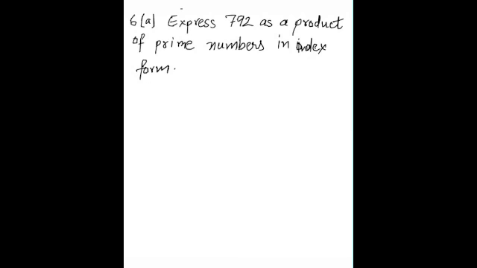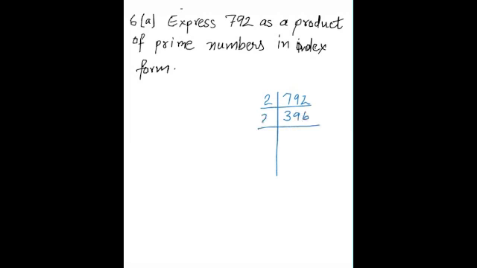And in this case we already know that in the case of doing factors, we start with the very lowest one, and if 792 is here, we start with 2, as 2 is a prime number. So if we put a factor of 2, then the remainder will be 396.